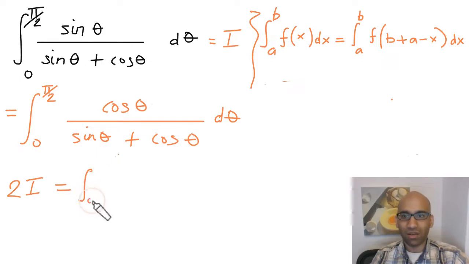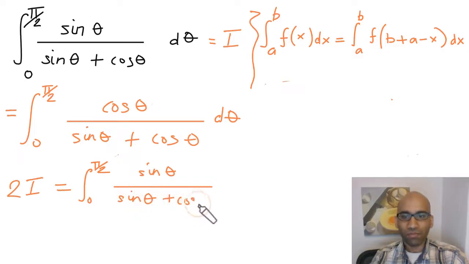So we're going to get 0 to pi divided by 2 of sine theta divided by sine theta plus cosine theta, which is just the first function, plus cosine theta divided by sine theta plus cosine theta.